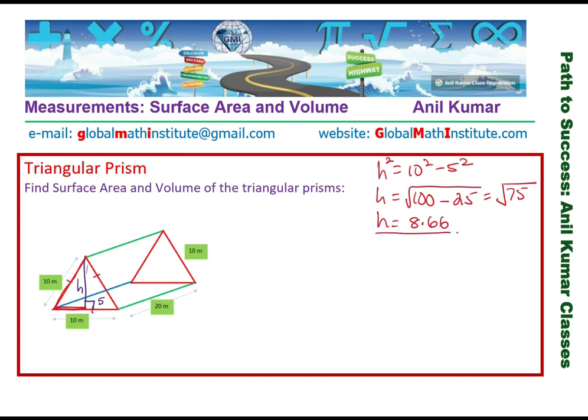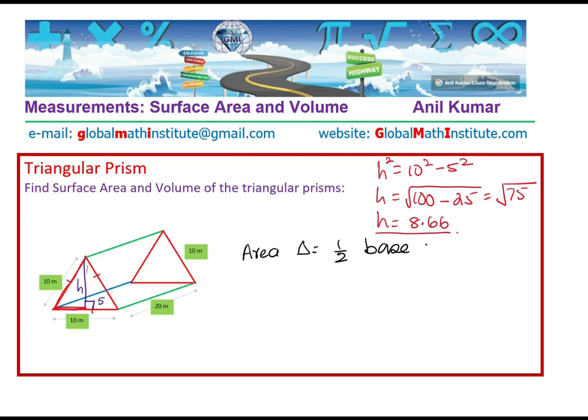You get the idea. Now let us calculate the area of the triangle, correct? As we did earlier. So area will be what? Area of a triangle is half of base times height, which is half of the base, 10 units, times the height of 8.66, correct?